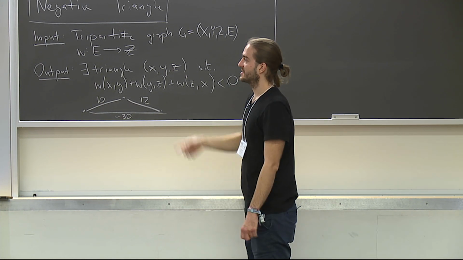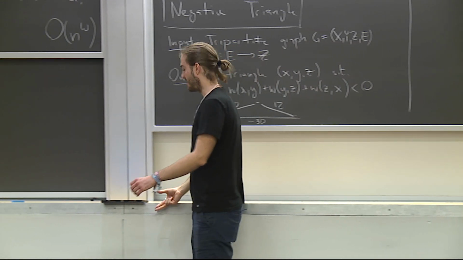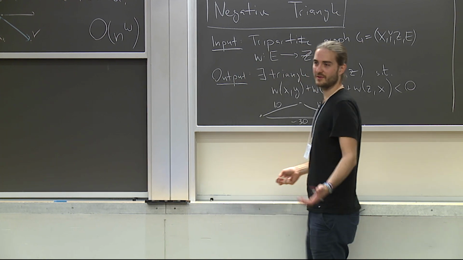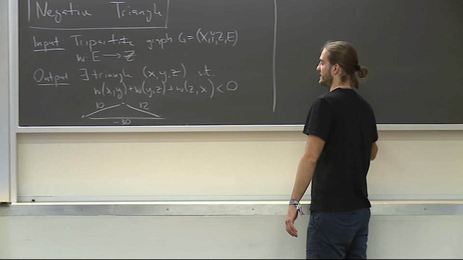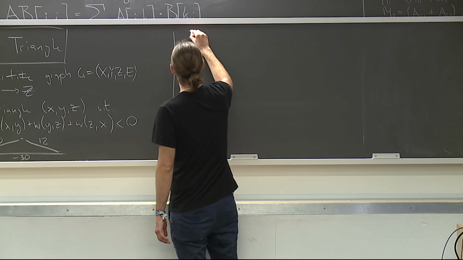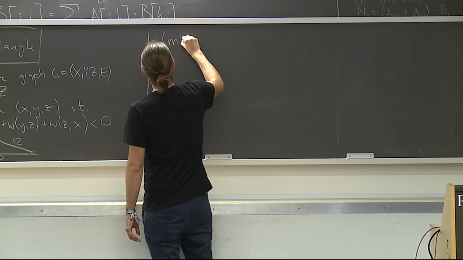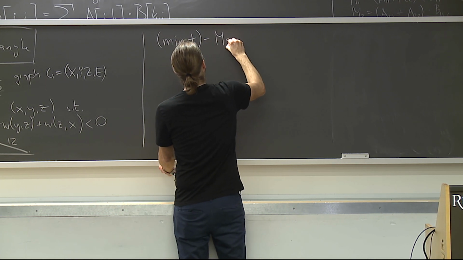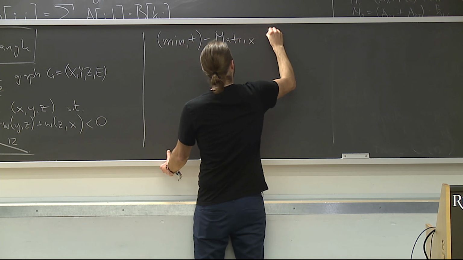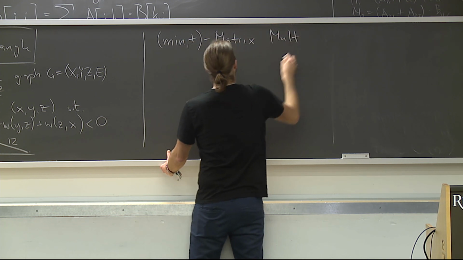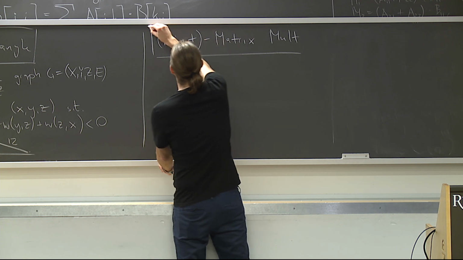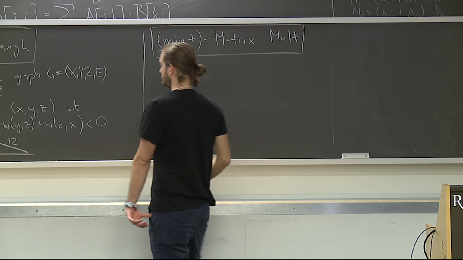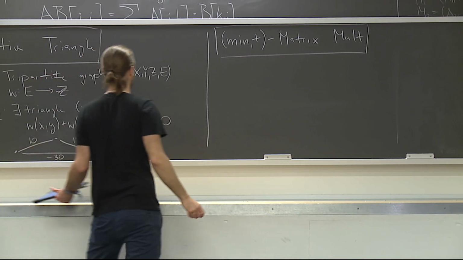Next problem. Let's try to make Boolean matrix multiplication have weights. Now, of course, you could think of integers again, but that's actually not the variant I'd like to go to. Instead, let's consider a problem which is called min plus matrix multiplication. For this problem, again, you're given two matrices.